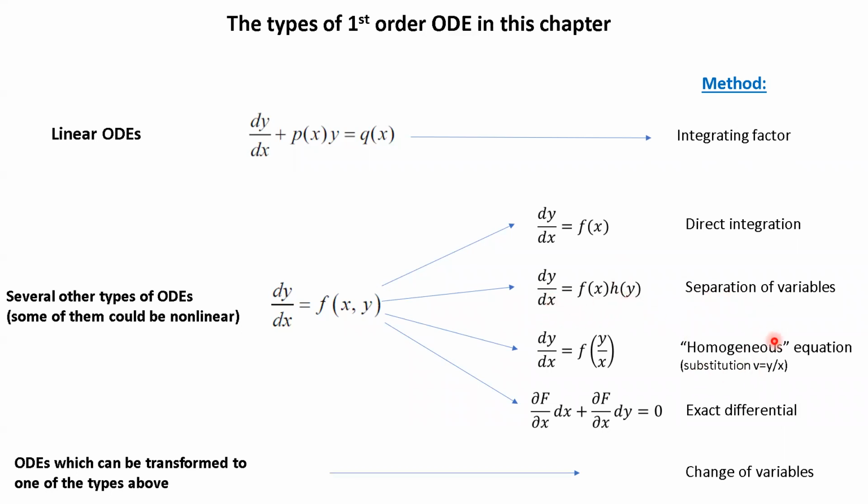The homogeneous equation is also separation of variable, but before doing separation of variable, you need to do a substitution. And the exact differential that I just talked about is very closely related to what you learned in chapter 3 also.